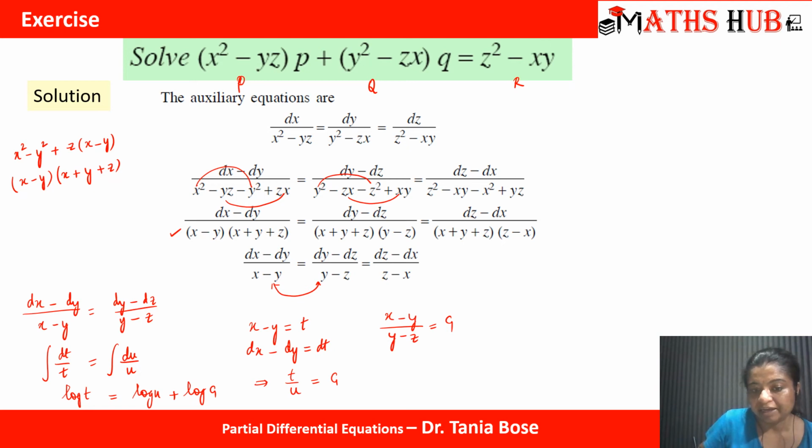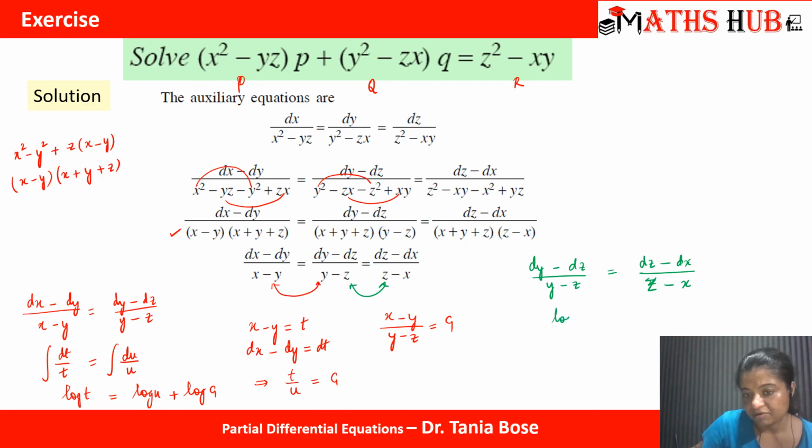Similarly, we can take these two equations, and we will get a similar thing. dy minus dz upon y minus z is equal to dz minus dx upon z minus x, right? So again, you will see that log of y minus z is equal to log of z minus x plus log c2. So I can combine them and I will get the equation y minus z upon z minus x is equal to c2.